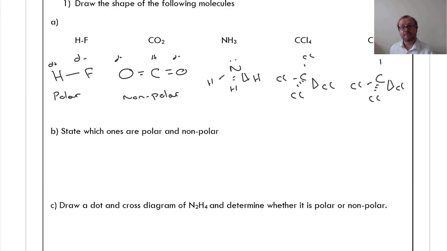There is an uneven distribution of charge here, therefore this would be polar. Even though chlorine is very electronegative, we're pulling in opposite directions, so this would be non-polar. And this, because there's an uneven distribution of charge, would be polar.